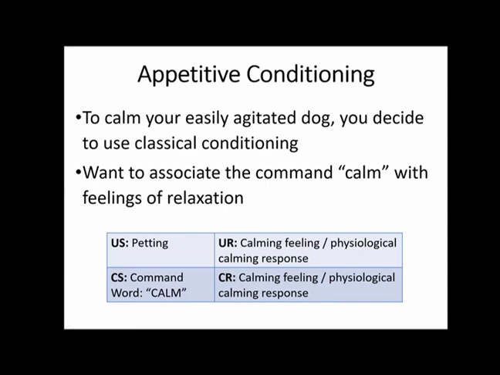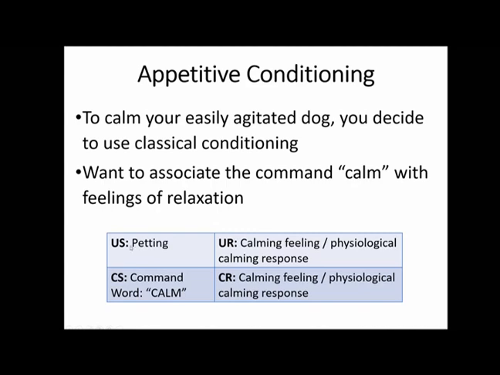So let's talk about an example with appetitive conditioning. And we're going to stick with dogs because why not? So to calm your easily agitated dog, you want to use this classical conditioning. So you're going to use the command word calm with feelings of relaxation.